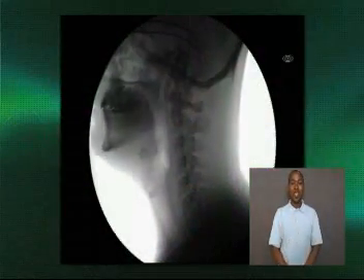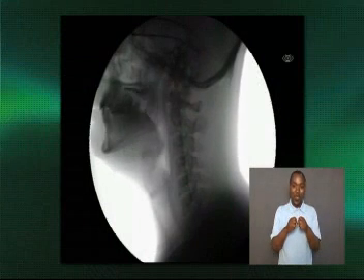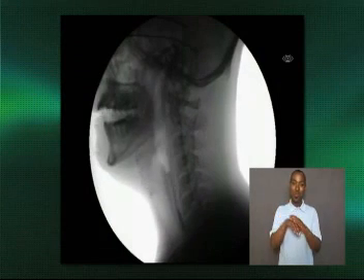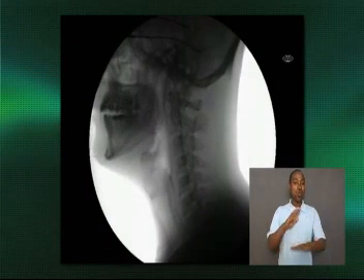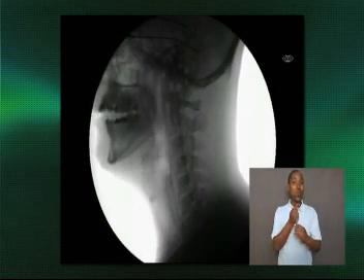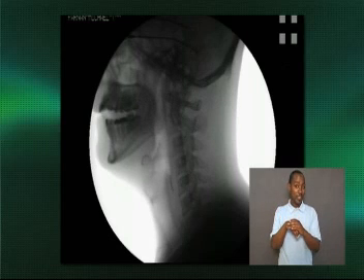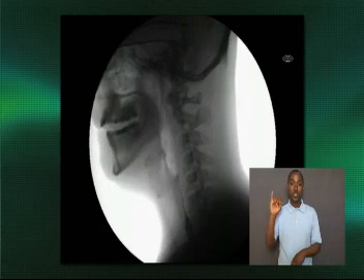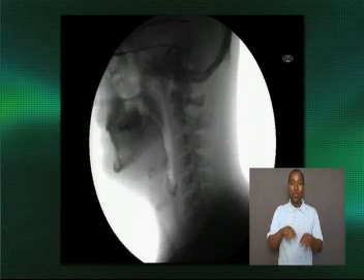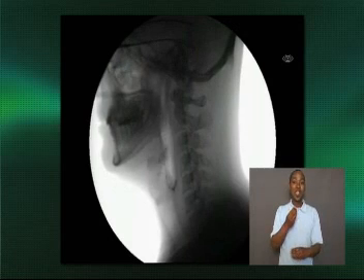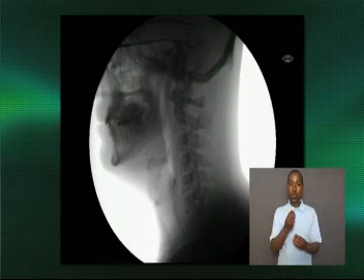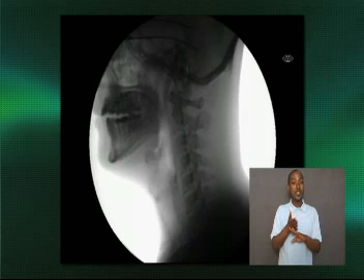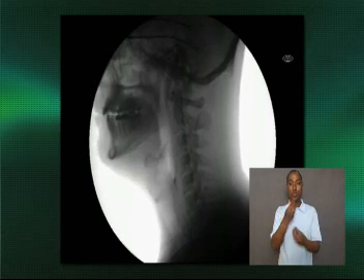The mechanical breakdown of food begins when food enters the mouth. The process of taking food into the mouth is called ingestion. During the mechanical process, the teeth bite and chew the larger, insoluble food particles until they are broken down into small food particles.